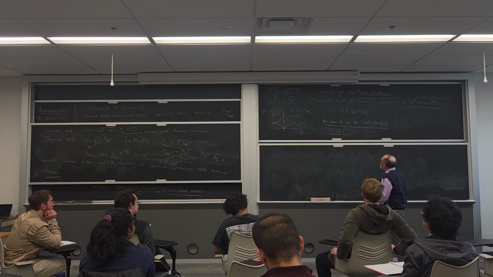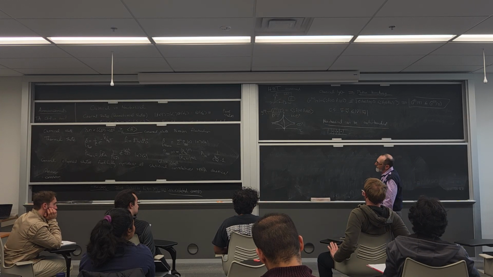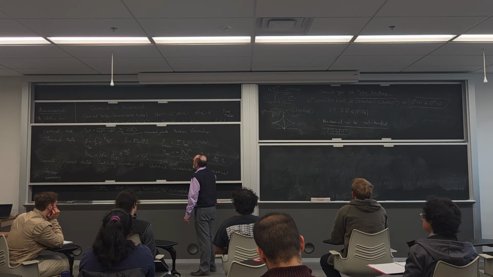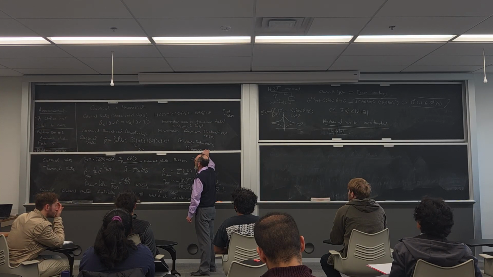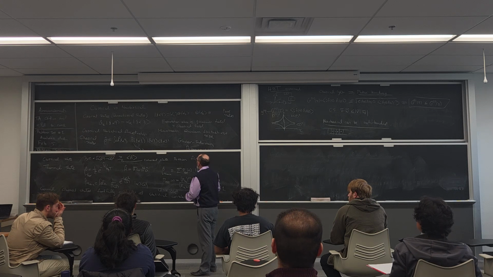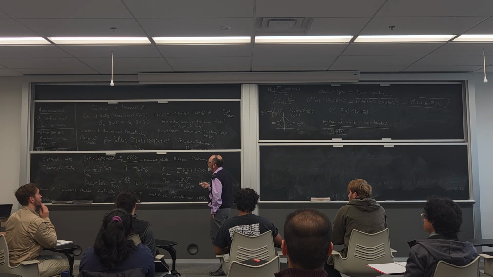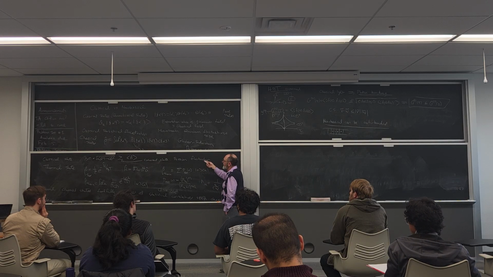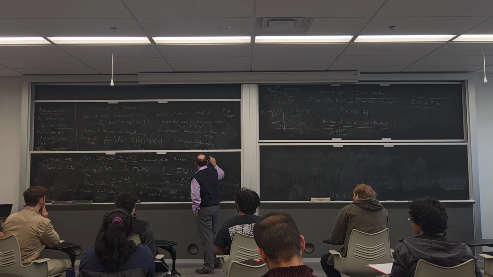So these are some of the two features that we've just discussed in terms of classical versus non-classical. One is that quantum states can have sub-Poissonian statistics.